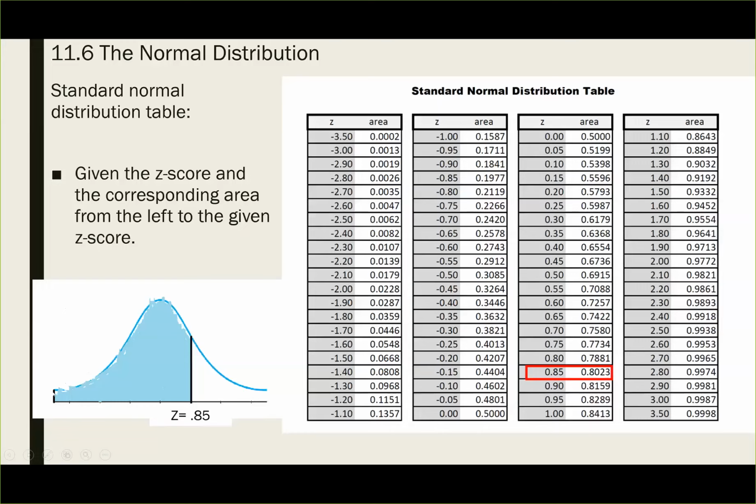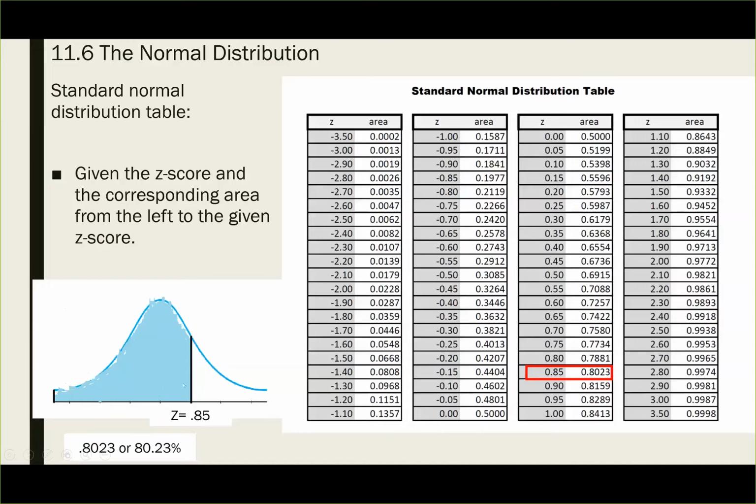As you can see, from here to here, that will be 0.8023, which, if you move the decimal place, means there are 80.23% of the data from the left-hand side to the given z-score.